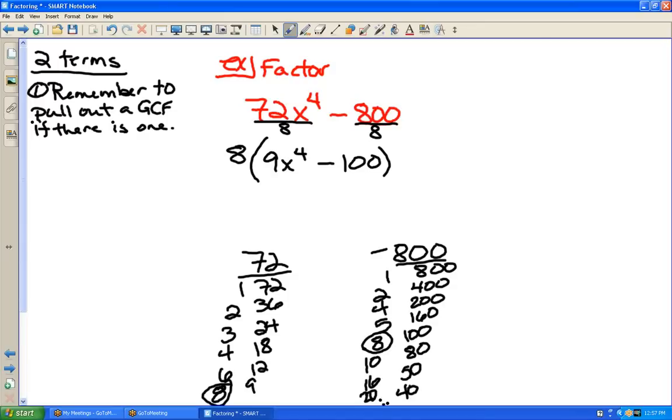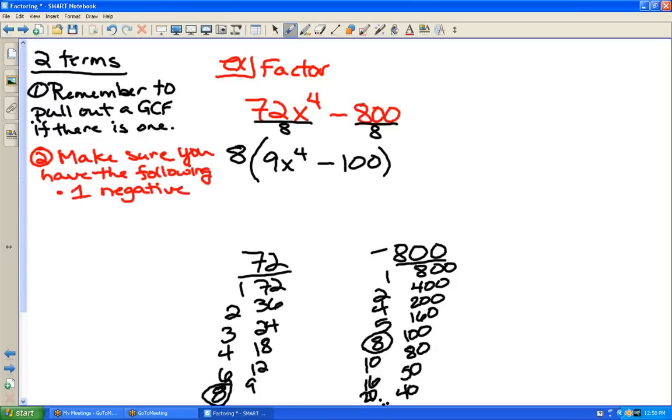Okay. Now, the other thing that you have to remember, to make sure you have the following: all exponents even.